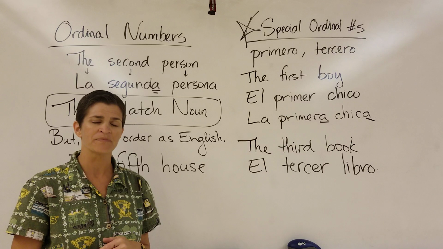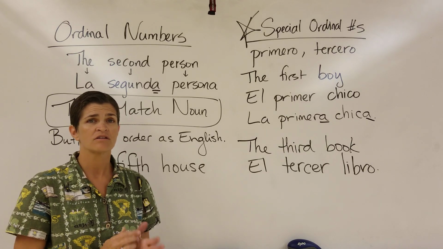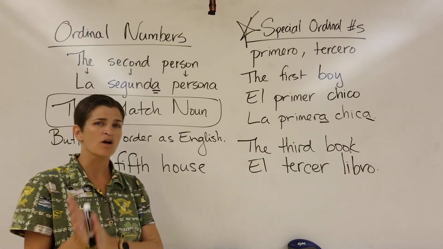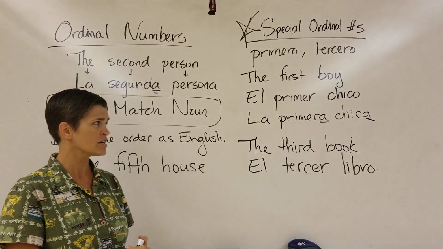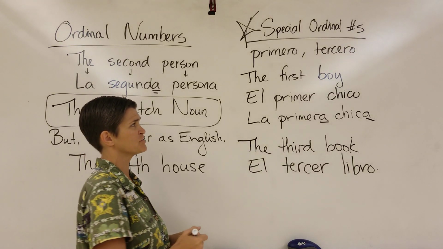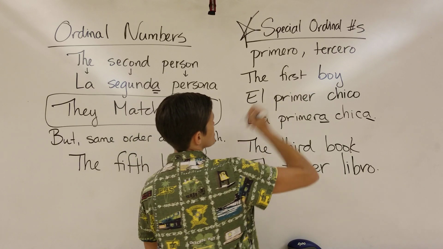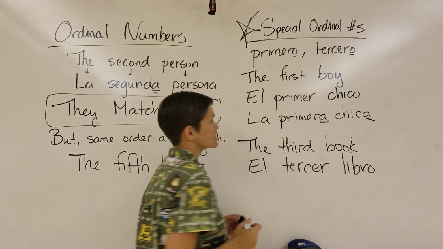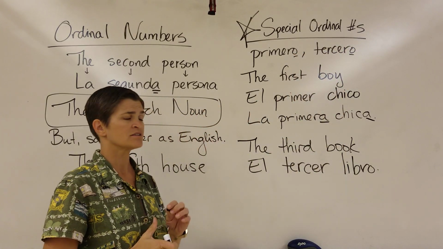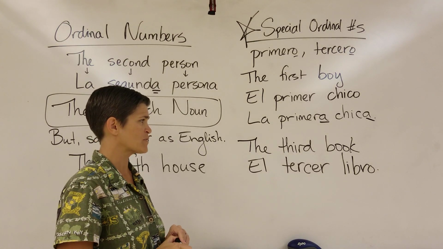First and third, drop the turd. Please write it on your notes. It seems strange and silly to write it down on your grammar notes, but it's going to help us remember that these O's get dropped when they are in front of a masculine word.